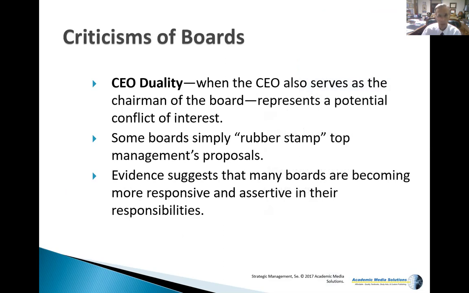Okay, there is a problem that can arise in boards of directors, and that is when the chief executive is also the chairman of the board, and yet it happens so much. During the time that I was a planning officer, a planning manager, a planning consultant, more companies that I worked with had CEO duality, where the chief executive was the chairman and vice versa.